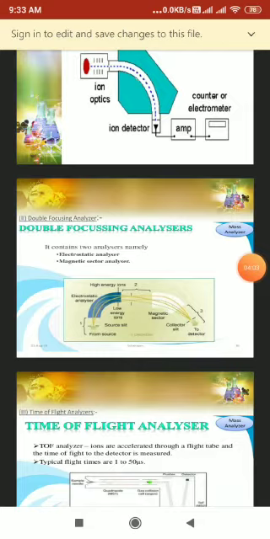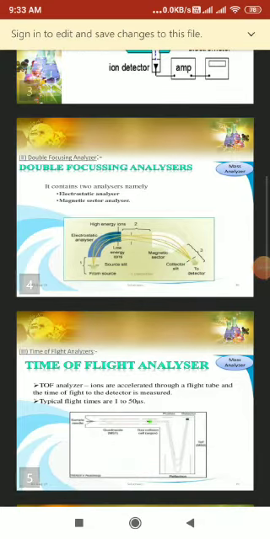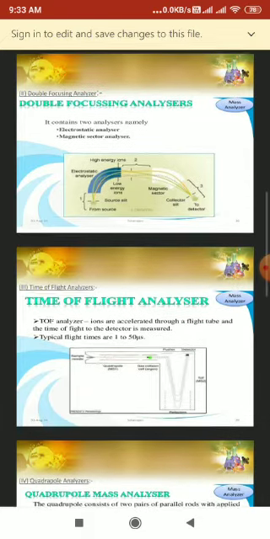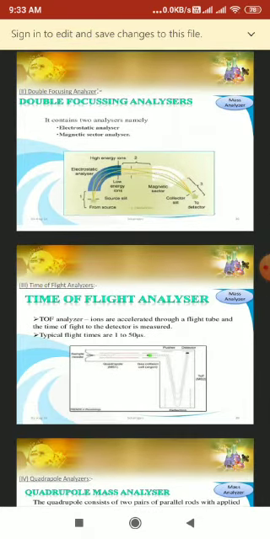Now we have seen the time of flight analyzer, which is the third type of mass analyzer. In this type of analyzer, the sorting of the ions is done in the absence of a magnetic field. It operates on the principle that if the ions produced are supplied with equal energy and allowed to travel a predetermined distance, then they will acquire different velocities depending on their masses.